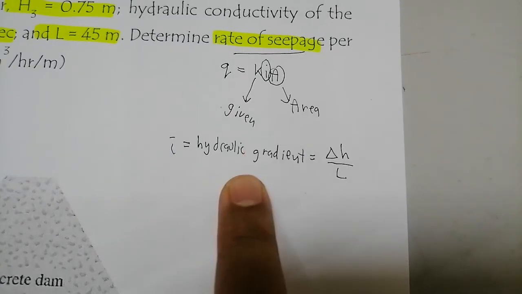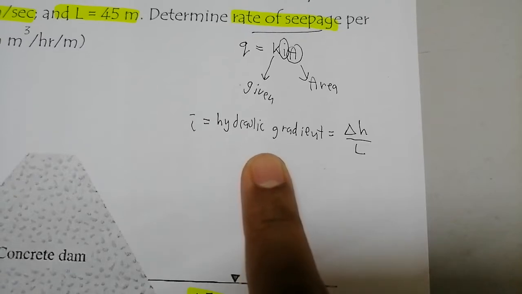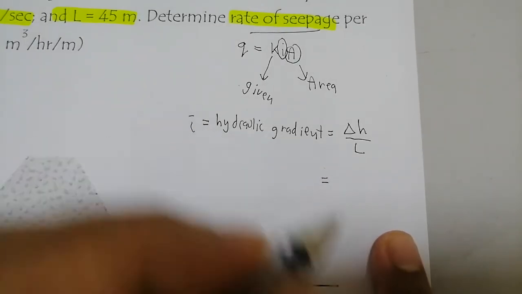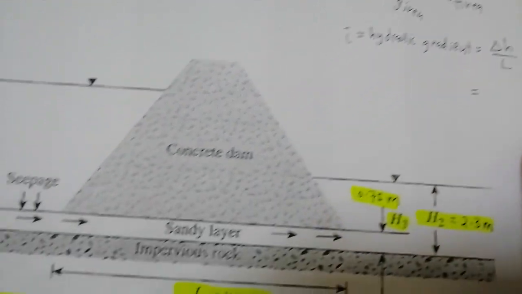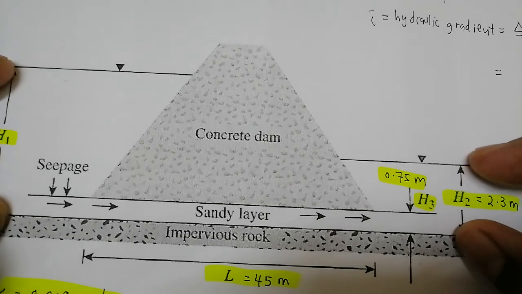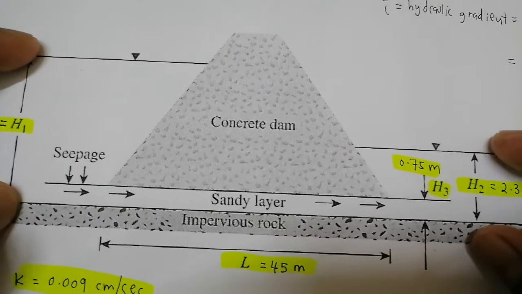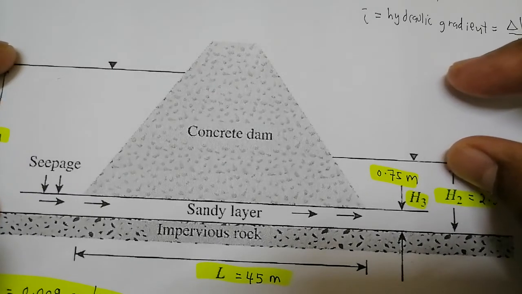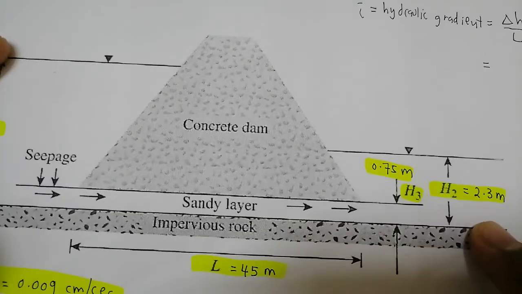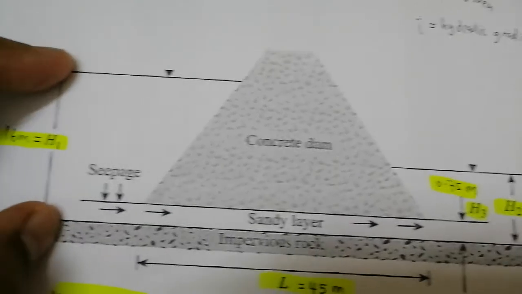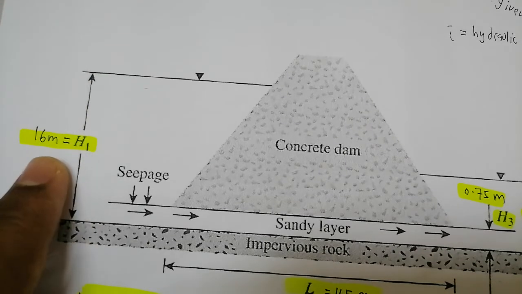So how to calculate the hydraulic gradient? Basically, to find delta H, it is equal to H1 minus H2. So we know that the difference between H1 and H2 gives the head difference. Okay, so H1 is 16 meter.